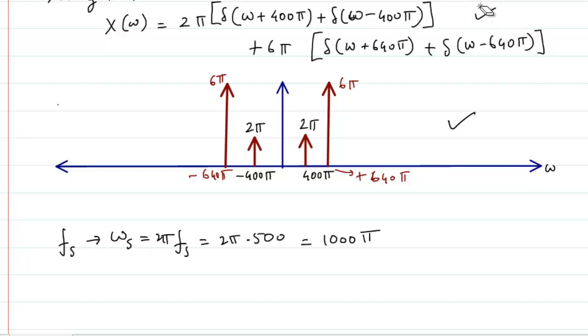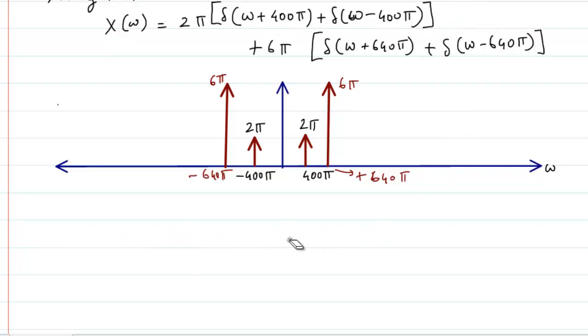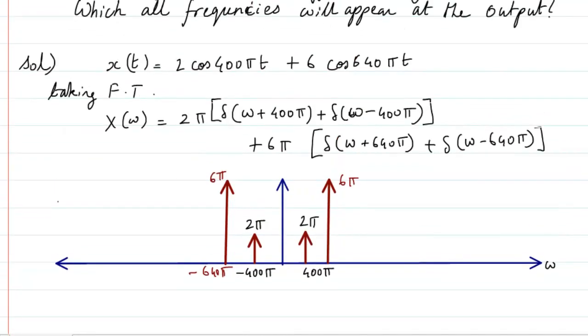So how does that happen? For that, let me rub this one. What we can do is take the Fourier transform of x of t again.